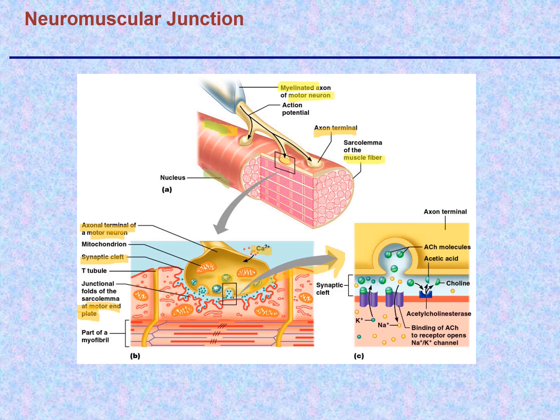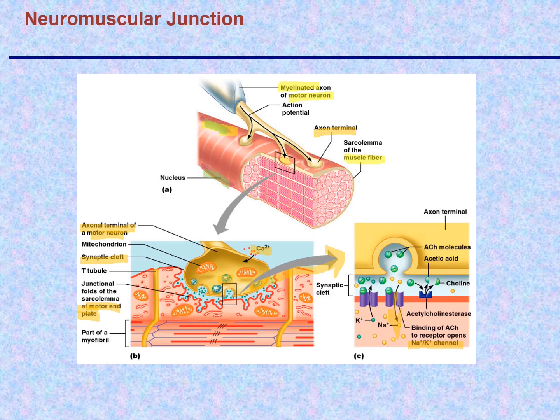As you know, potassium is higher inside than outside, and sodium is higher outside than inside. So the initial response, of course, is that sodium goes in. Some potassium can go out, and that tends to make the inside of the skeletal muscle fiber less negative, more positive. So you have openings of sodium and potassium channels: sodium comes in, potassium can go out.